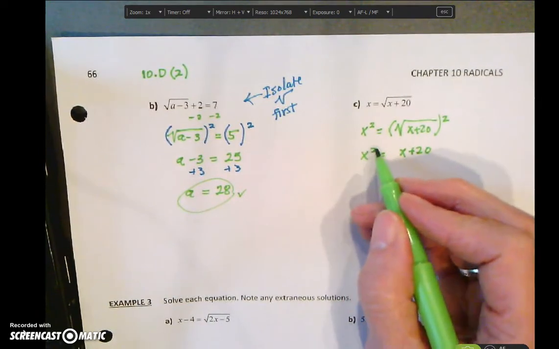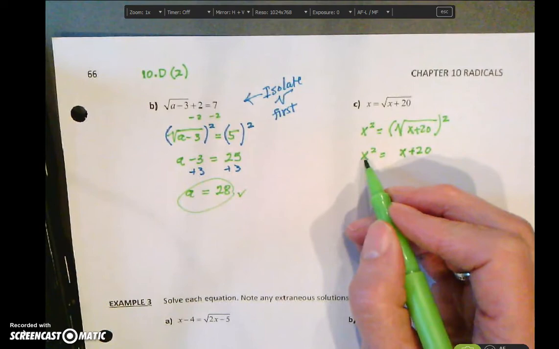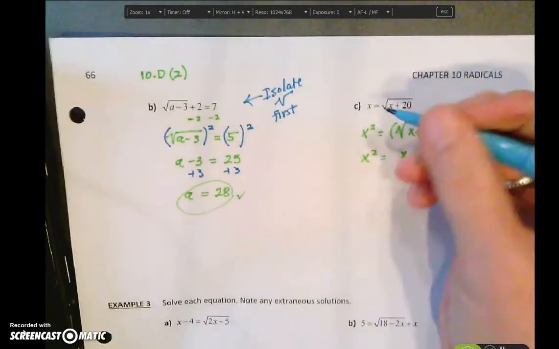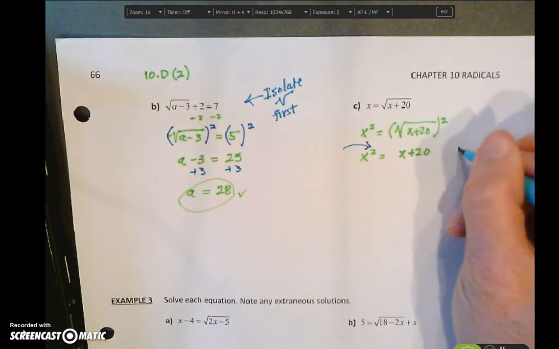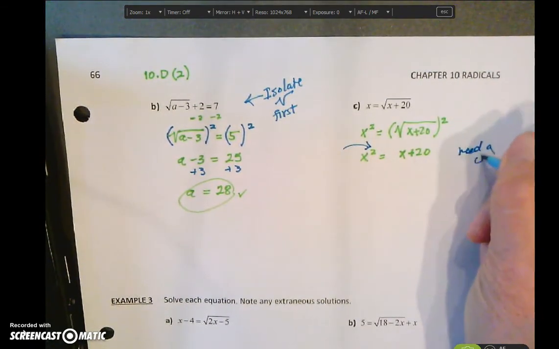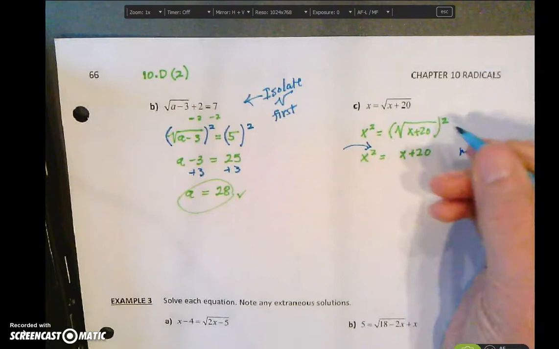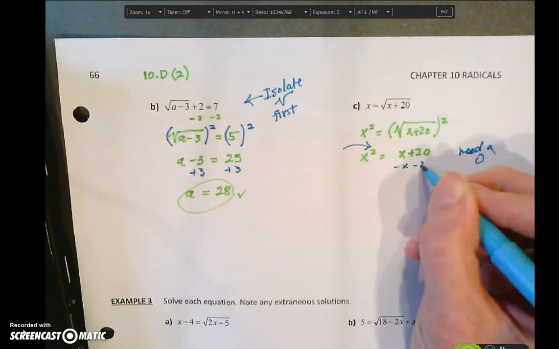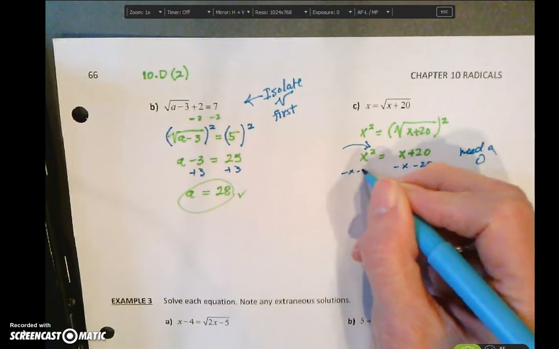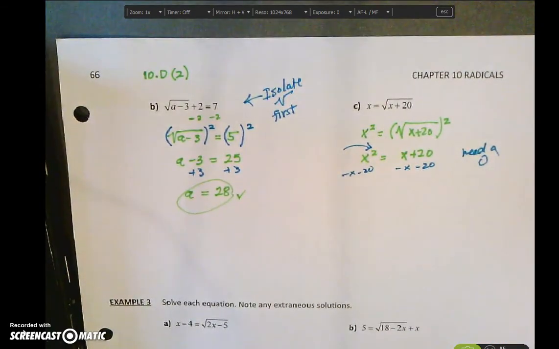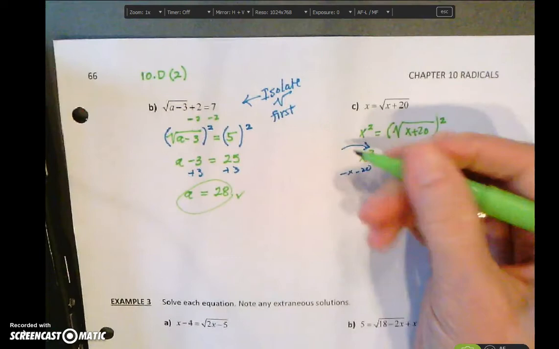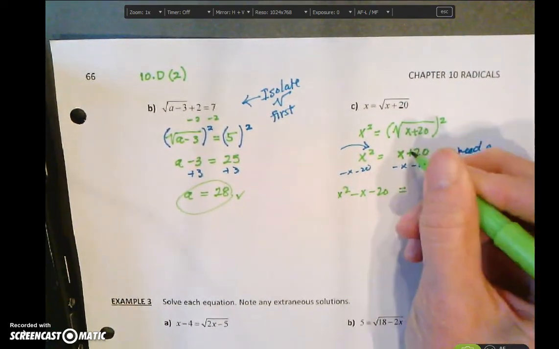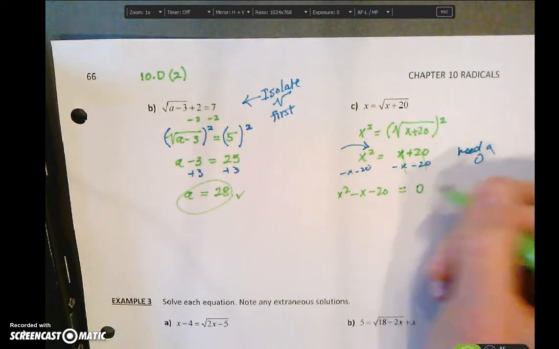So anytime we have a quadratic, a second power, to solve it, we need to have a 0 on one side. So I am going to subtract the x, and I'm going to subtract the 20 from both sides, so that what I end up with then is x squared minus x minus 20, and then here I'm going to end up with 0.